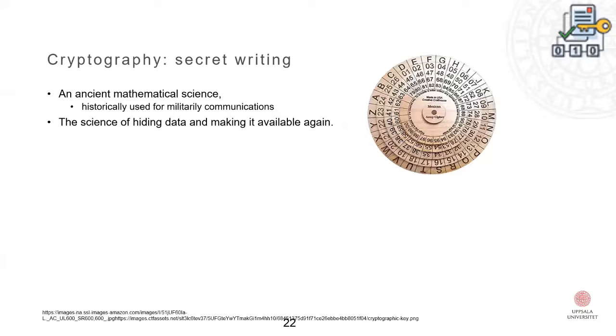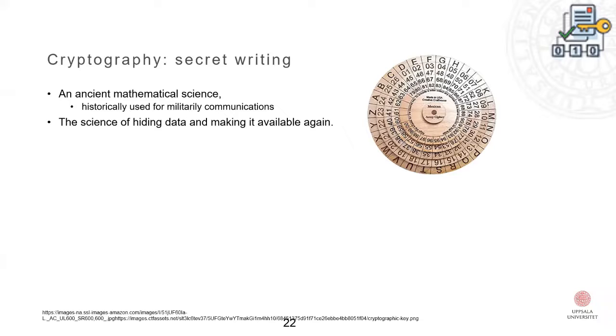Now we want to talk, in the rest of this lecture, about cryptography. Cryptography provides us many techniques to provide different aspects of cybersecurity, being confidentiality, integrity. So cryptography is actually not something new.